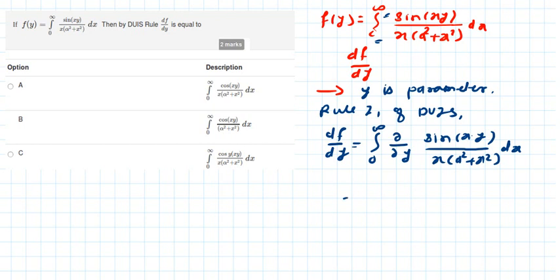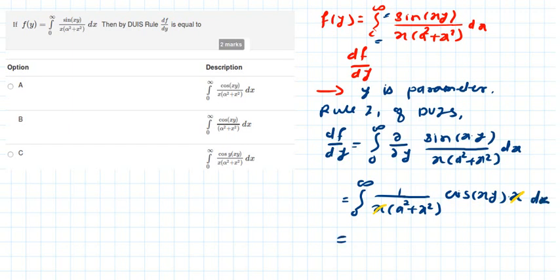When you take the partial derivative with respect to y, x will be constant. So 1 upon x into a square plus x square will be constant, and the derivative of sine of xy with respect to y is cos of xy into x. Again this x cancels. So what will happen?